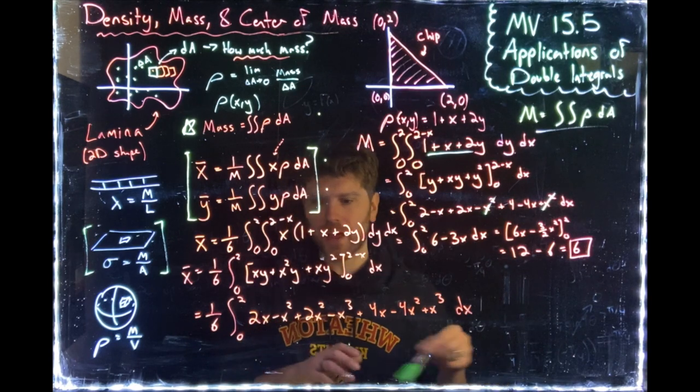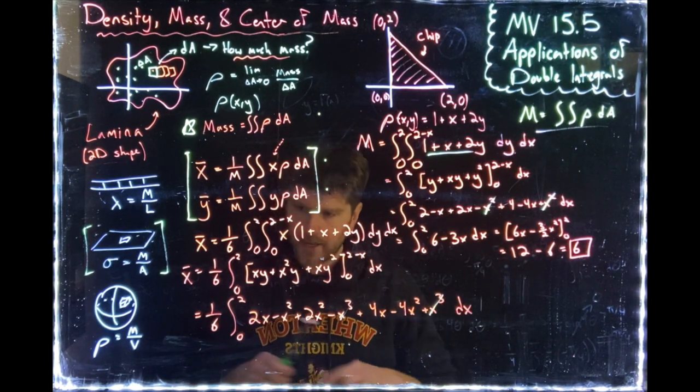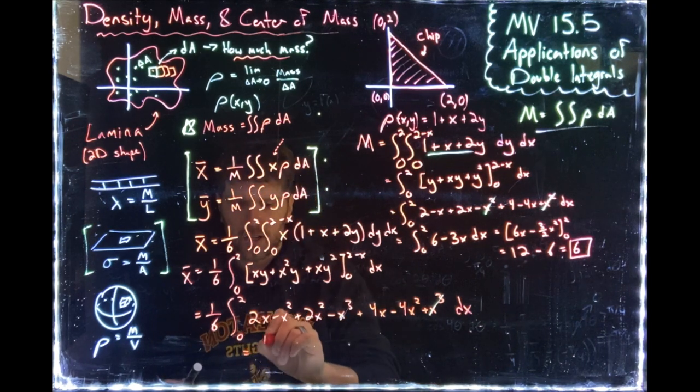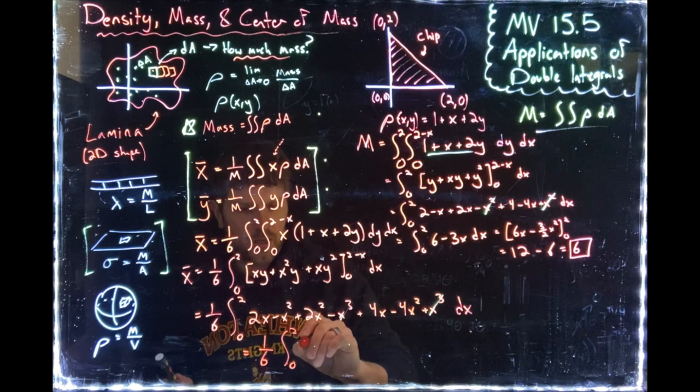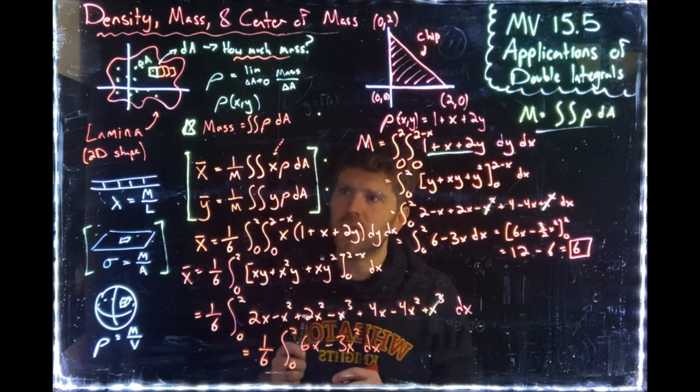Once again, I got to gather up my terms. My x cubes go away, and I end up with a very similar looking integral to my mass integral, except that it's 6x minus 3x squared dx, which isn't really so surprising.